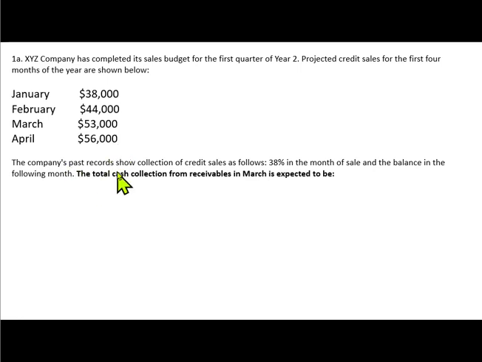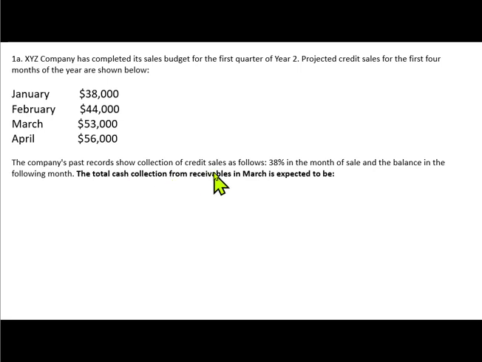The company's past records show collection of credit sales are as follows: 38% in the month of sale, and the balance in the following month. The total cash collection from receivables in March is expected to be what?